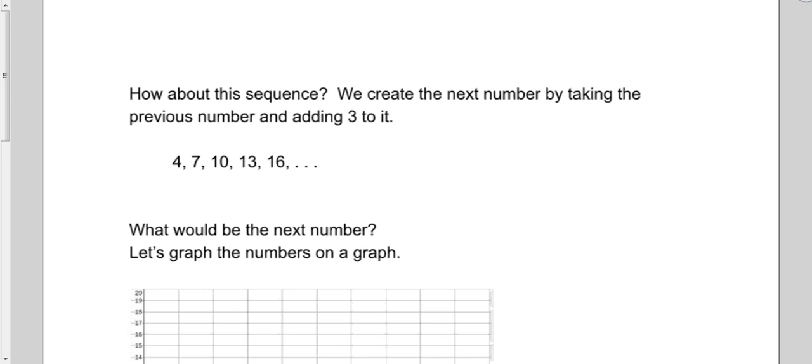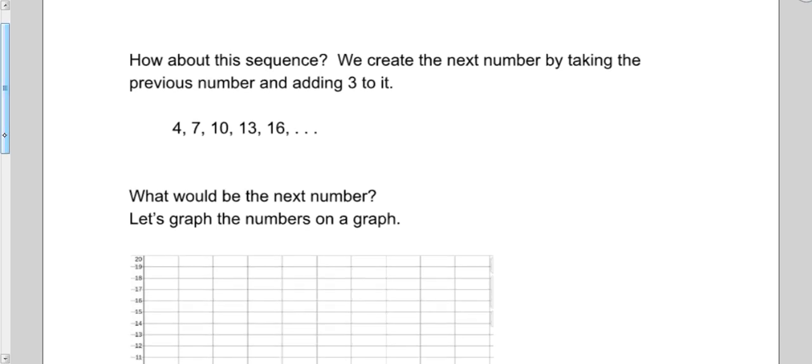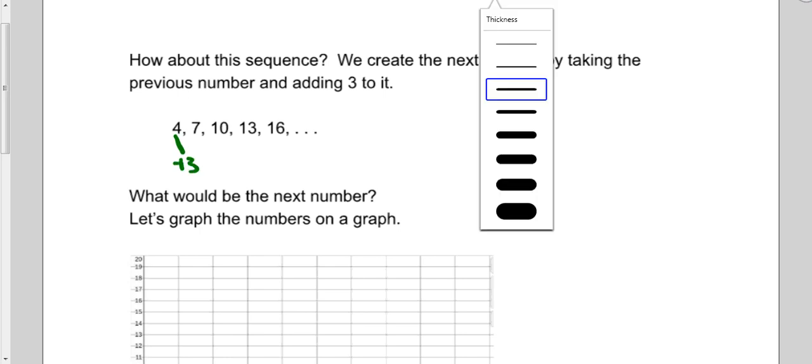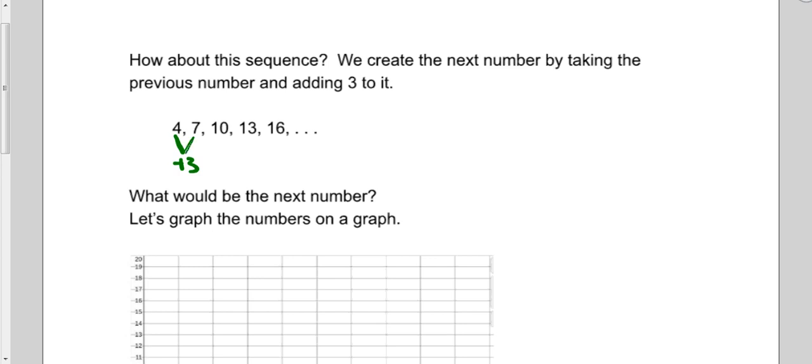How about this sequence? We create the next number by taking the previous number and adding 3 to it. So here, I'm going to do this in green. I start at 4. I add 3 to 4, and 4 plus 3 is 7, right? And then I take 7.